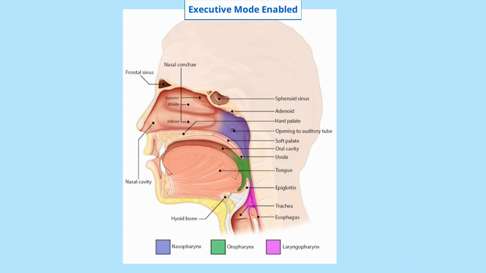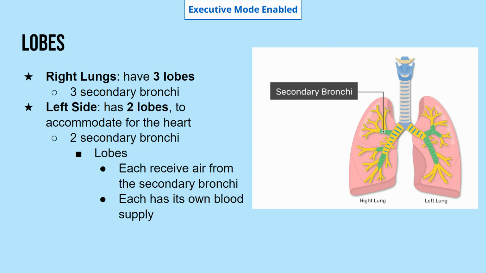And then here's just a visual for the top with the nose, mouth, into the trachea. So you can reference that. We just talked about this. The right lung has 3 lobes with 3 secondary bronchi.